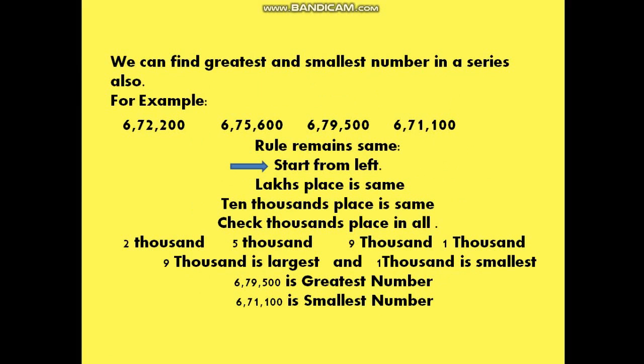We can find the greatest and the smallest number in a series also, which means that if you have more than 2 numbers, we can compare them and find the greatest and smallest number. Let us read these numbers. 6,72,200.